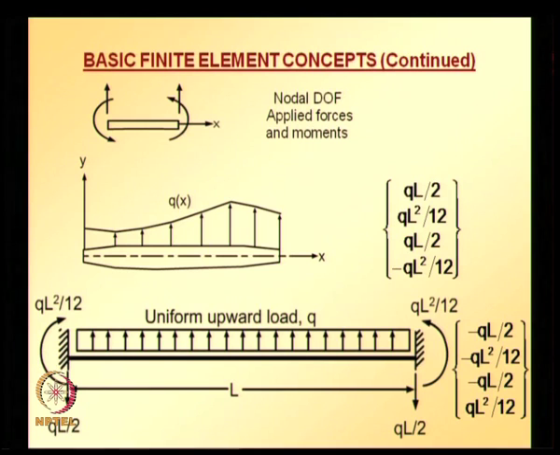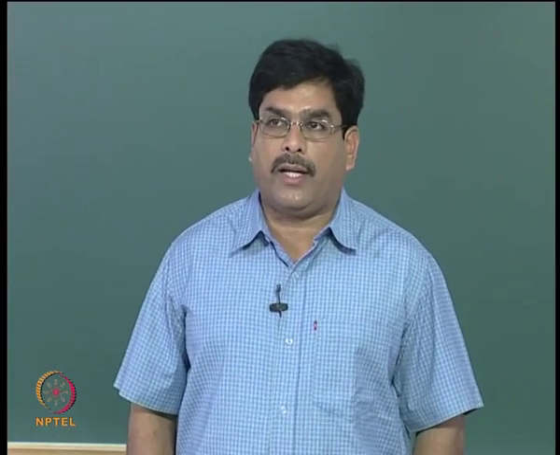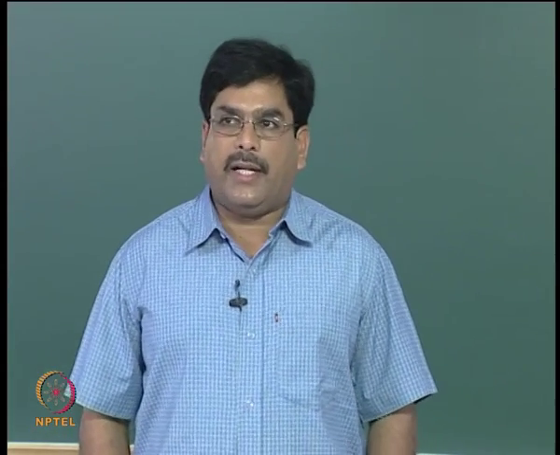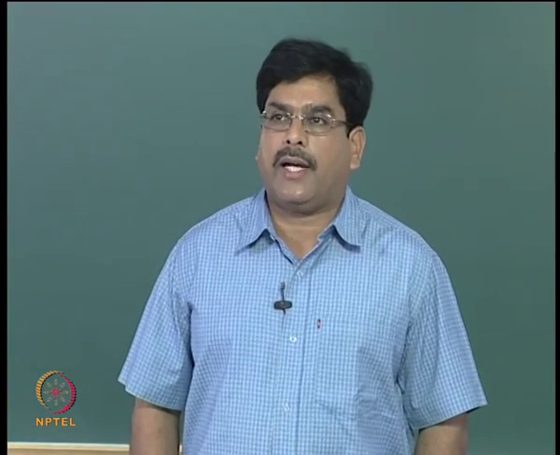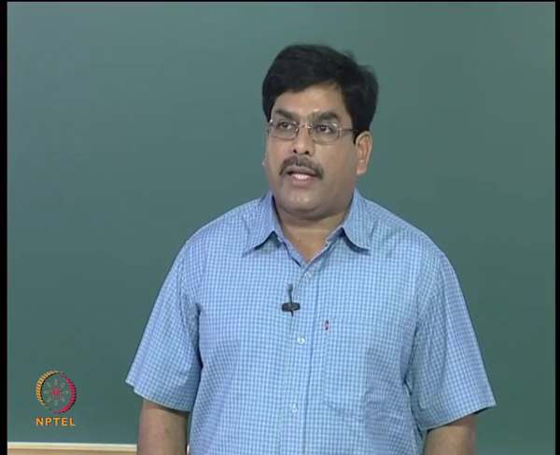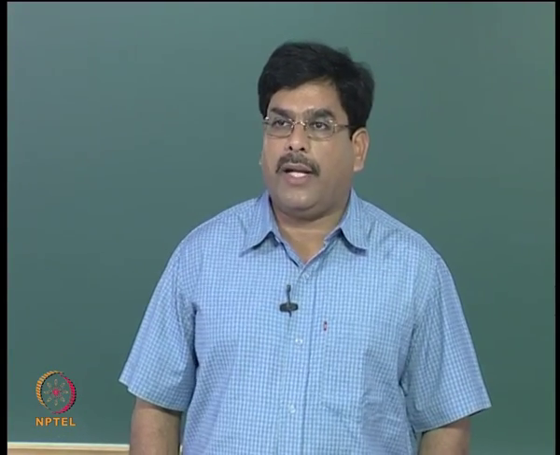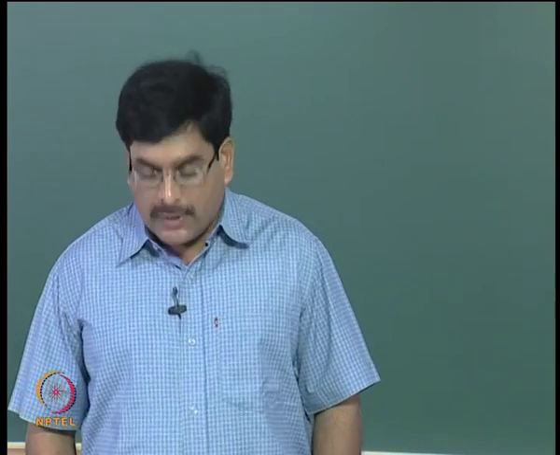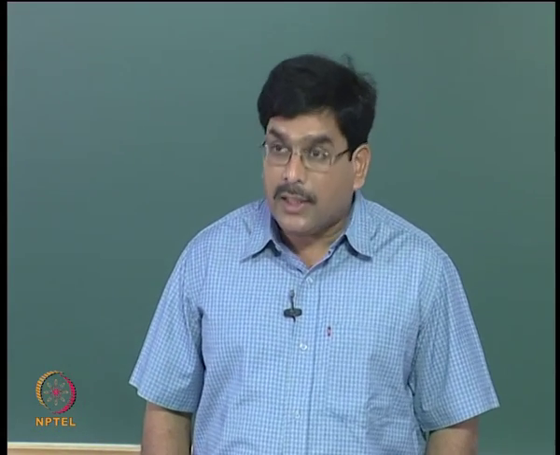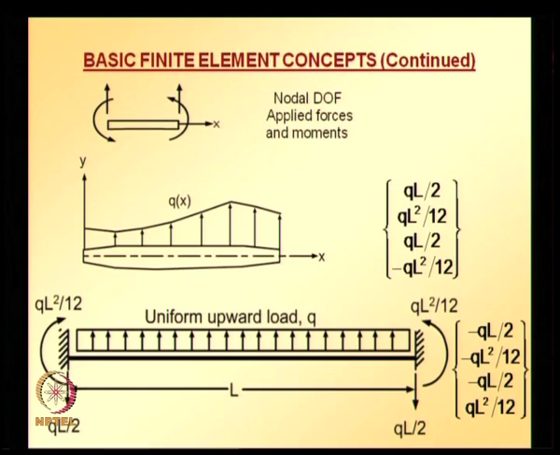So if we have a distributed load, instead of finding equivalent nodal loads using finite element shape function substitution and doing all the integration, if we know the fixed end moments and shears for that corresponding span, we can put them in a vector form and reverse the sign.